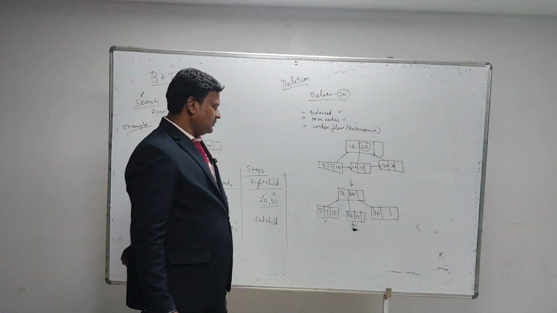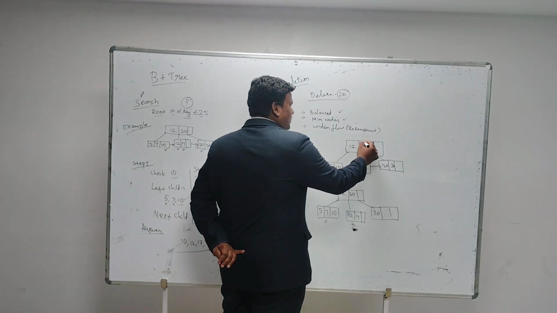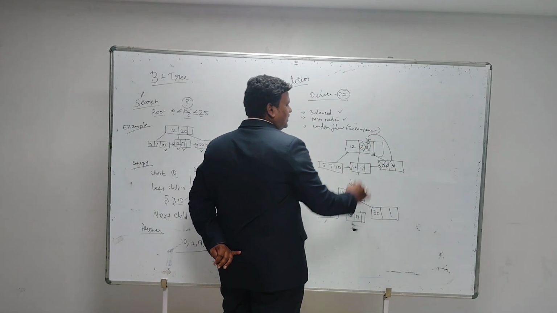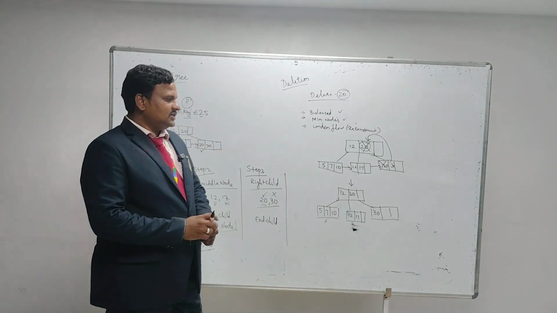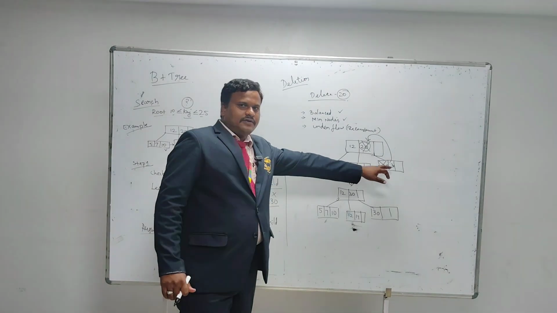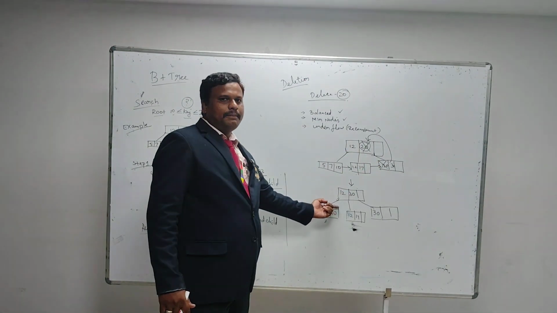What is the change here? We have removed this one. Then we change the key node. We convert from the leaf node to a key node. Then we have maintained the balance.